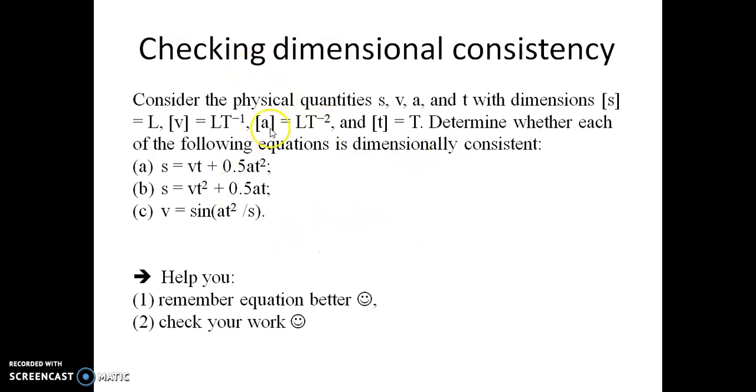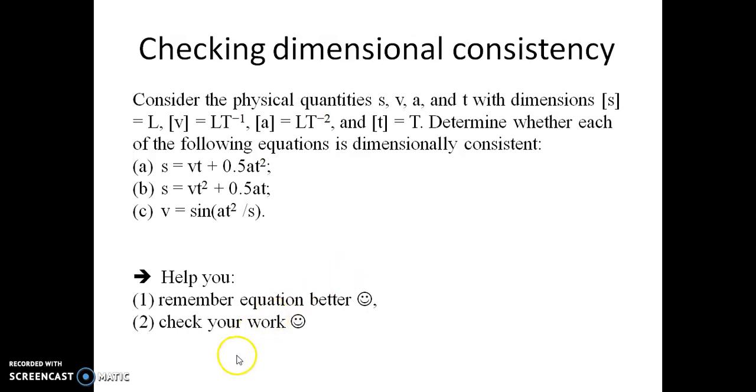Okay, so here's an example that we can go through. We are given the dimensions of S, for example distance, to be L; little v, like speed, or v stands for velocity, is L T to the minus 1; a for acceleration, which is the rate of change in velocity, is L T to the minus 2 power; and lastly, the time dimension is capital T. Later on you will find that knowing how to check dimensions helps you remember equations better, and it also helps you check your work.